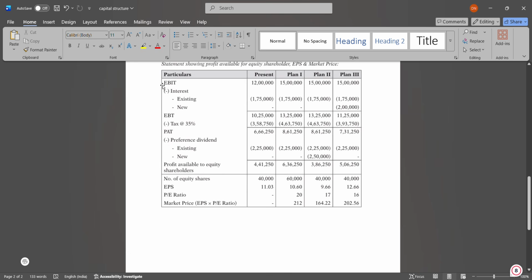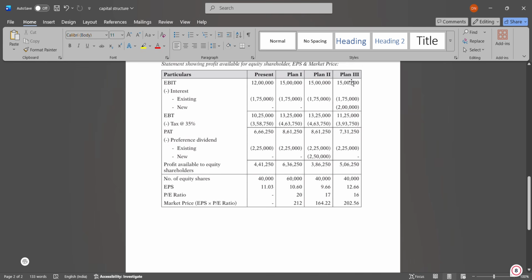So let us first calculate EBIT for the new plans. To calculate the EBIT for new plans, we have to take the total amount into consideration, that is 1 crore of the existing investment and 25 lakhs of the new investment. So it contributes to 1 crore 25 lakhs. Calculated at 12%, that is into 0.12, the amount comes to 15 lakhs.